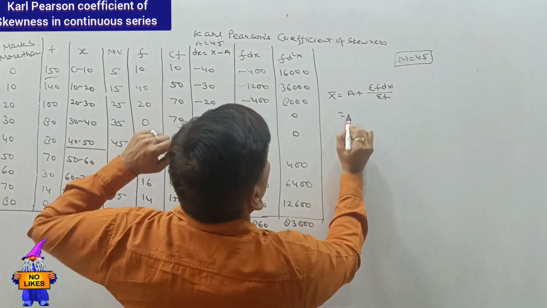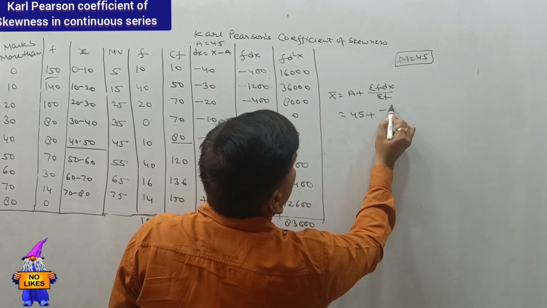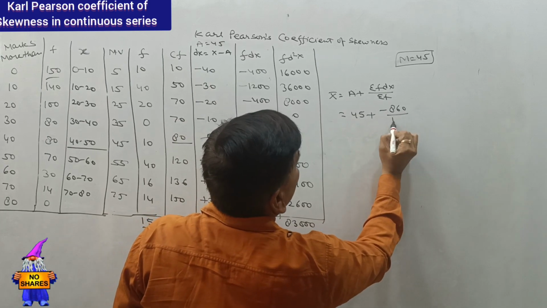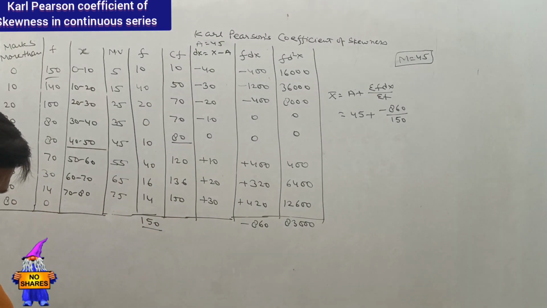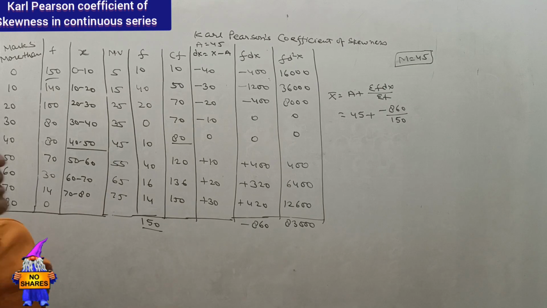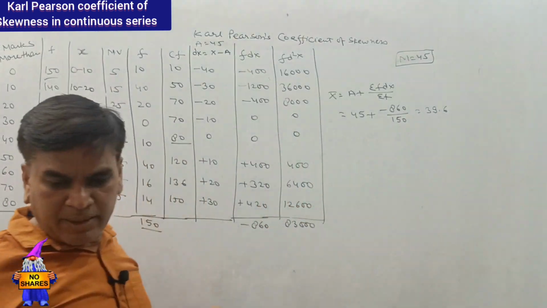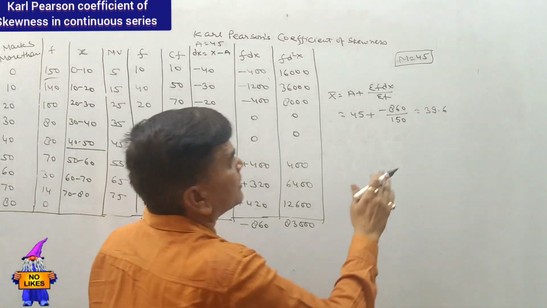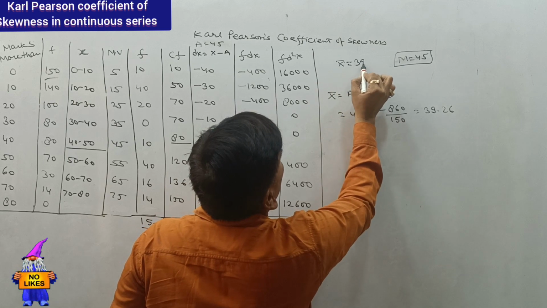So the assumed mean was 45 plus minus 860 divided by 150, so the value of x bar is 39.26. So x bar value is 39.3, we can write.